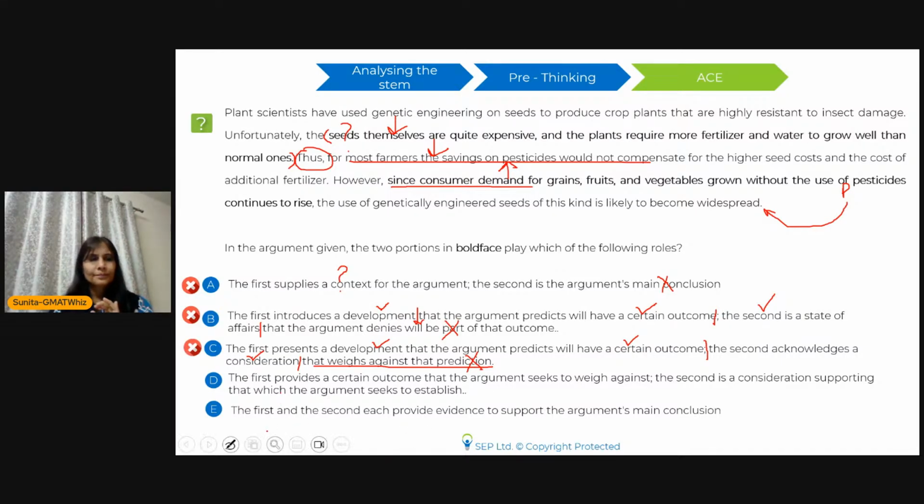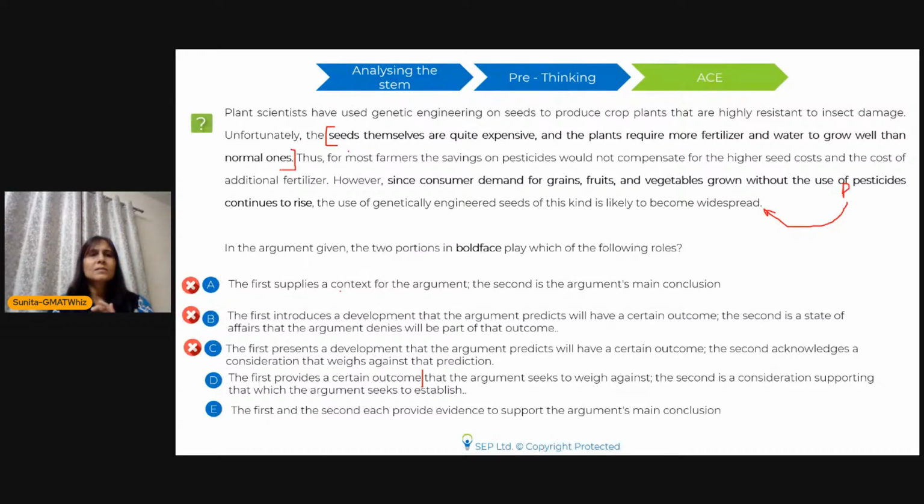Let's go to D. Let me clear up the screen a bit. Let's stop there. Can I call this an outcome?